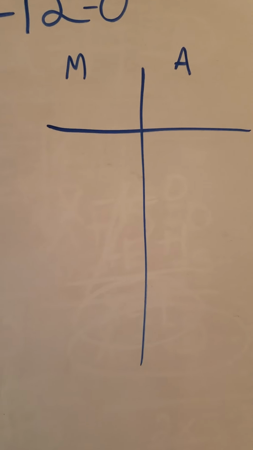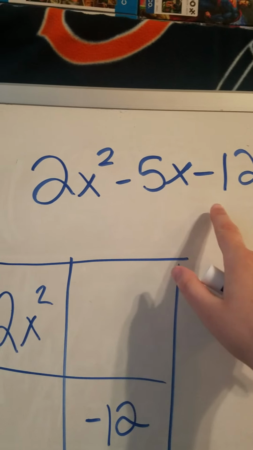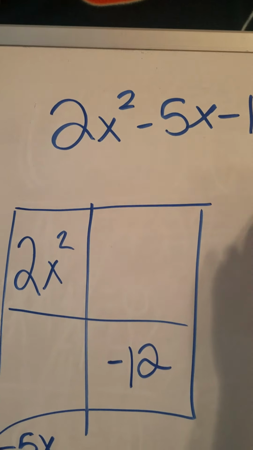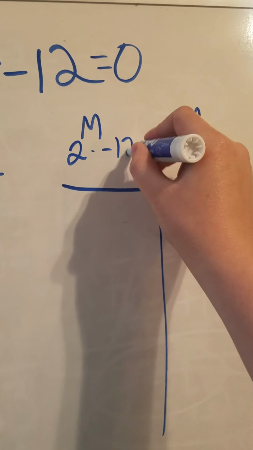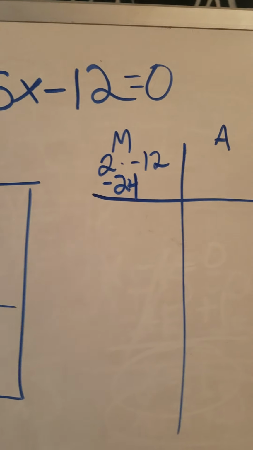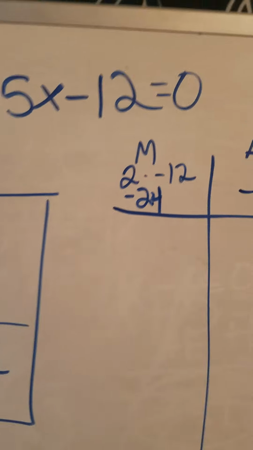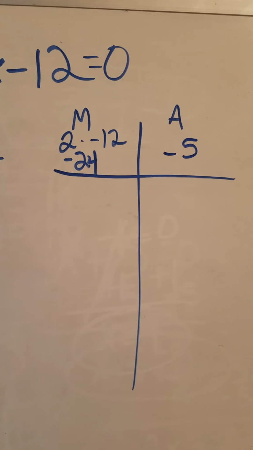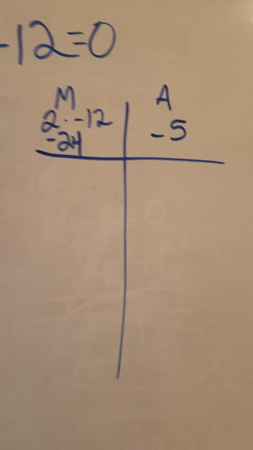So when I go to my m side, it is going to be my a times my c, which is 2 times negative 12. 2 times negative 12 is negative 24. My a is then my middle term, negative 5. What I'm looking for is two numbers that multiply to give me negative 24, but add up to give me negative 5.